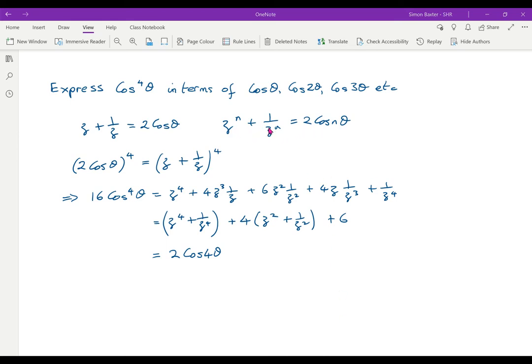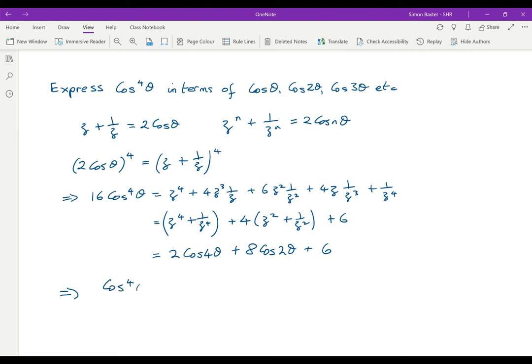z squared plus 1 over z squared is 2 cos 2 theta. 4 times 2 is 8, cos 2 theta, plus 6. This is all 16 times cos to the 4 theta.